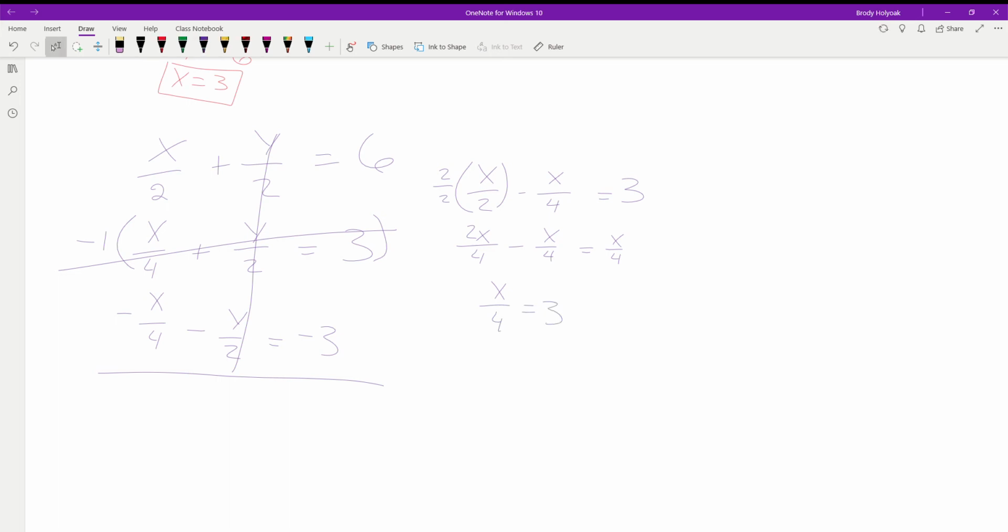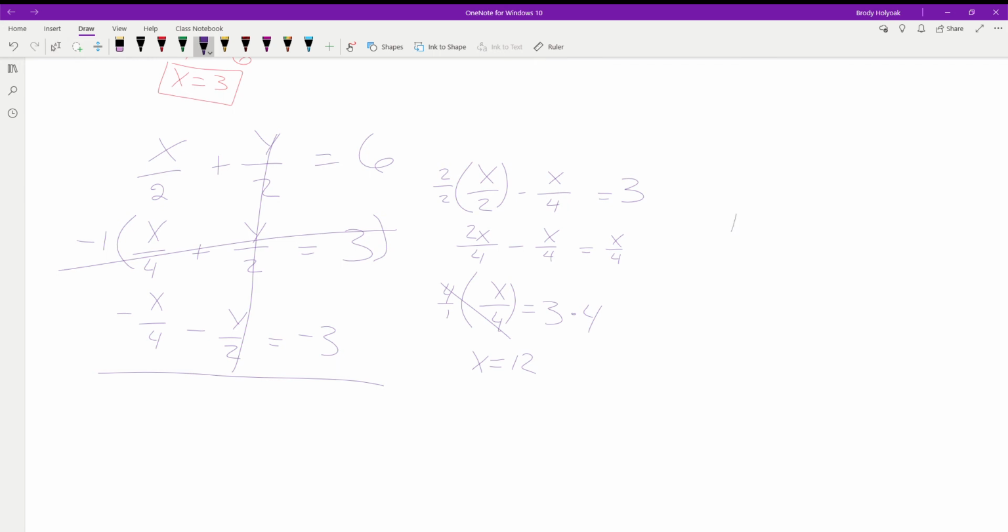Then we need to isolate the x and get it by itself. So we multiply both sides by 4. Those will cancel. X equals 12. Then we plug that back into one of our original equations and solve for the other variable, just like what we were doing before.